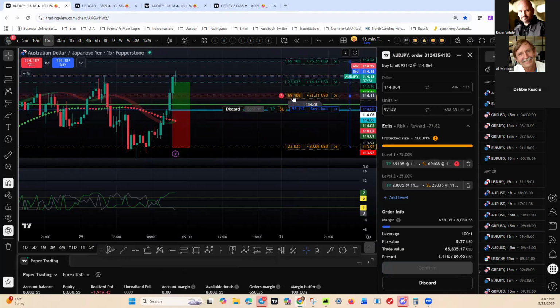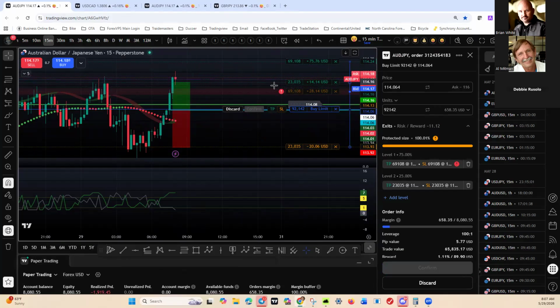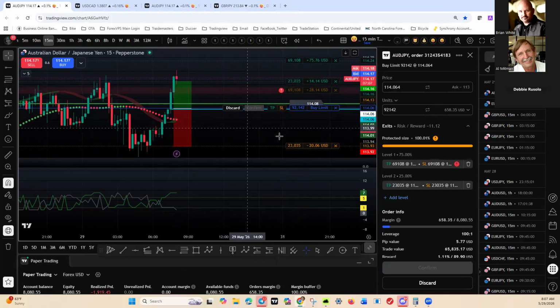So my stop would have been moved right up here. And you can see that by the time I had this triggered here, I'd still be in this trade with the other 75% of my trade looking for my target. If it comes back and takes it, it's a profitable trade. I'm done, and I can reassess and maybe do it again.